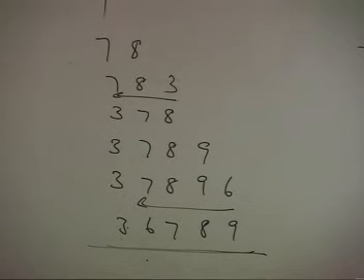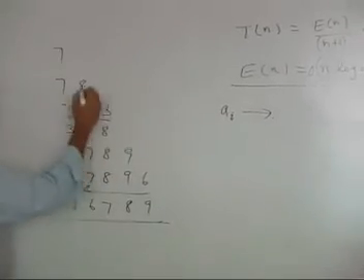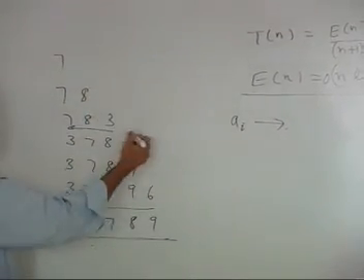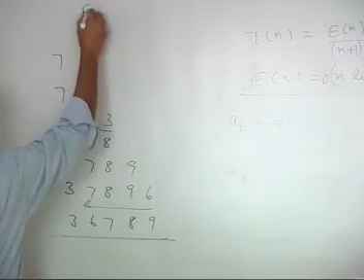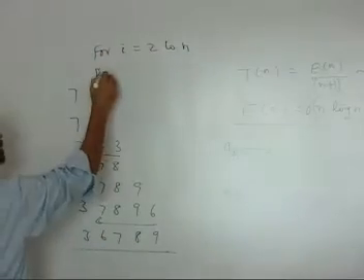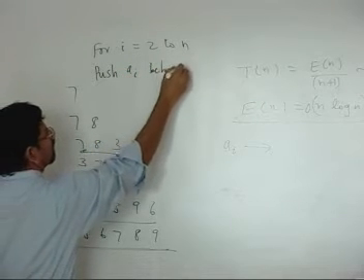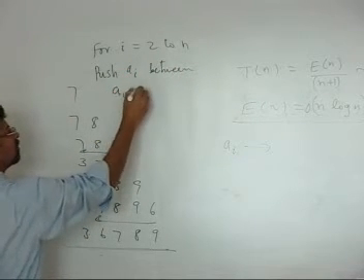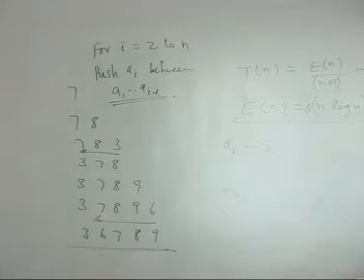So what is essentially happening is, if you look at AI, how many steps it will move in? In each stage, it's an incremental design. For I equal to 2 to n, push AI between A1 to AI minus 1 so that it becomes sorted.